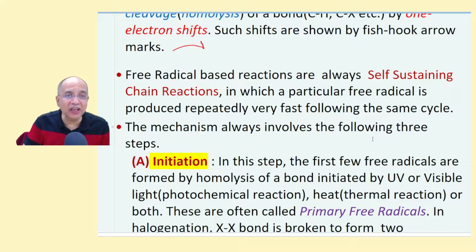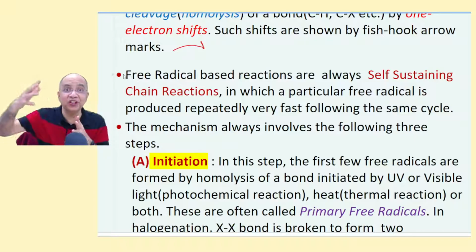And interestingly, free radical reactions are always self-sustaining chain reactions, in which a particular free radical is produced again and again, repeatedly, very fast, following the same cycle till the reaction is complete. That is why it is called a chain reaction.